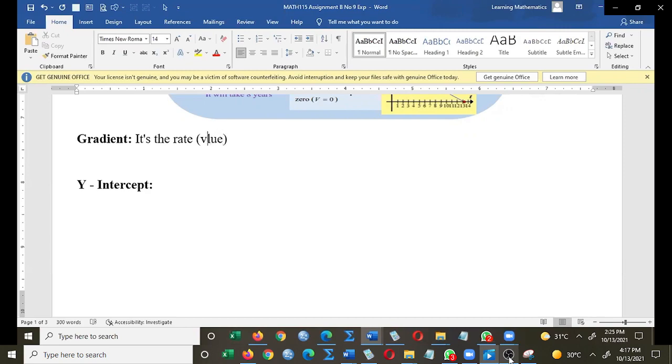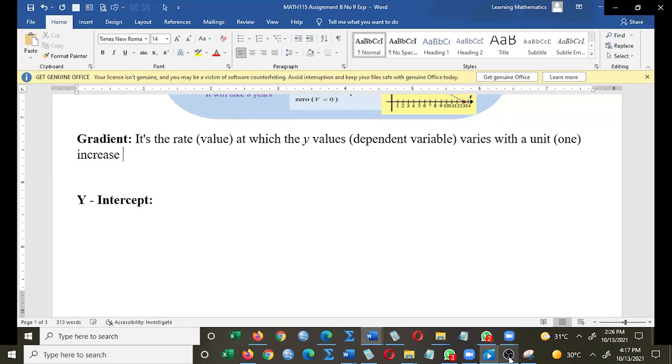It's the rate at which the y value, which is the dependent variable, varies with a unit increase in the x values. The x values are the independent variable.